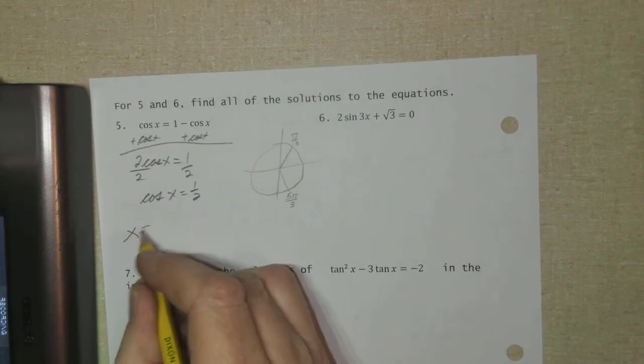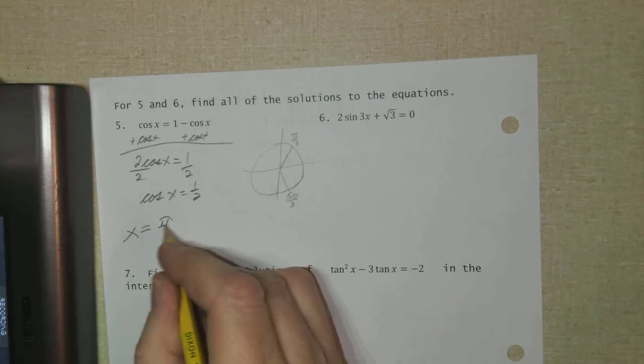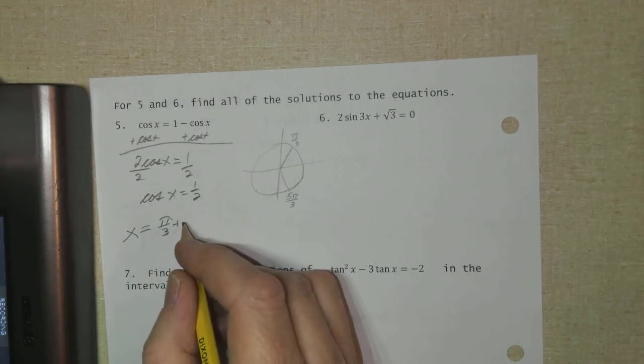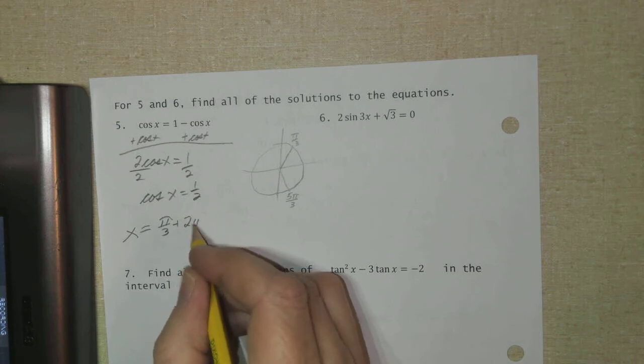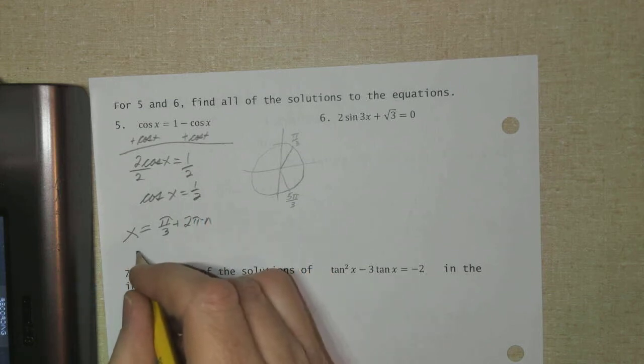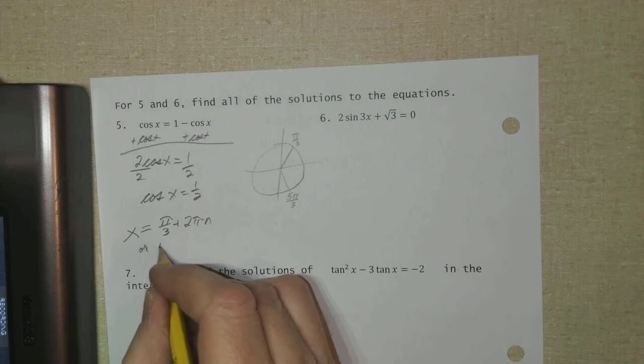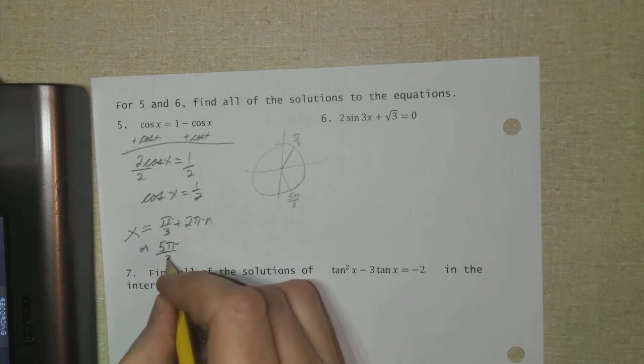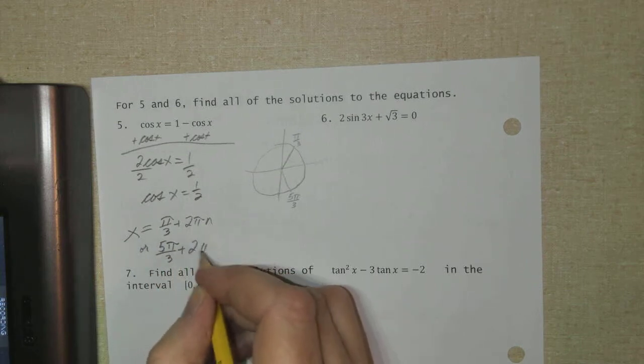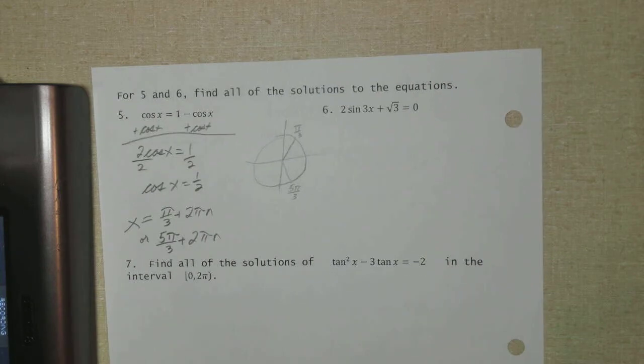So x is equal to pi over 3 plus 2 pi n, or 5 pi over 3 plus 2 pi n to get all the coterminal angles there.